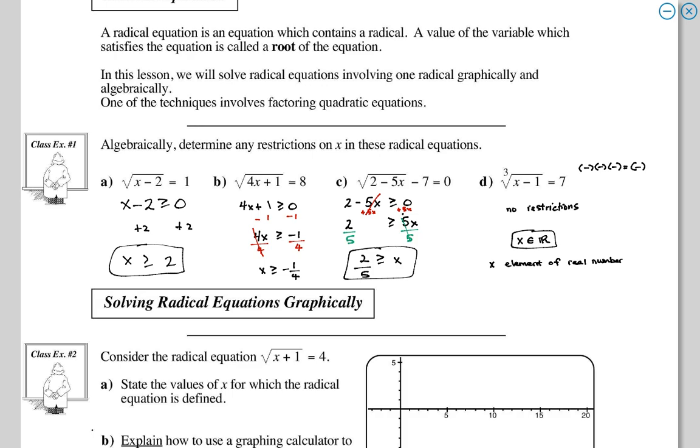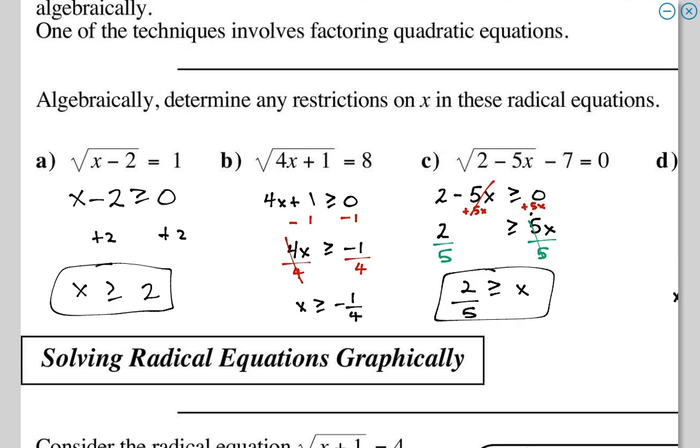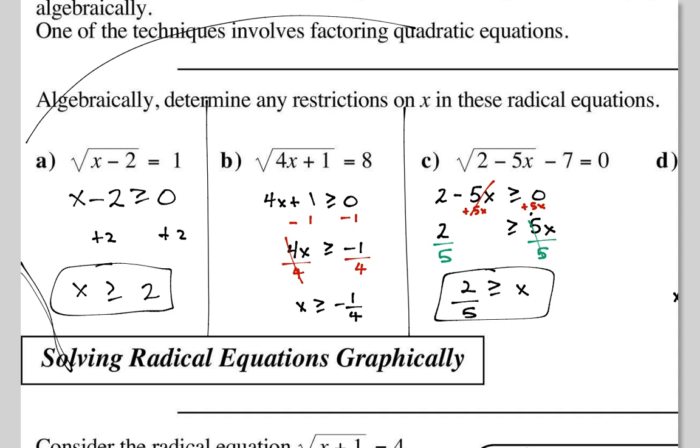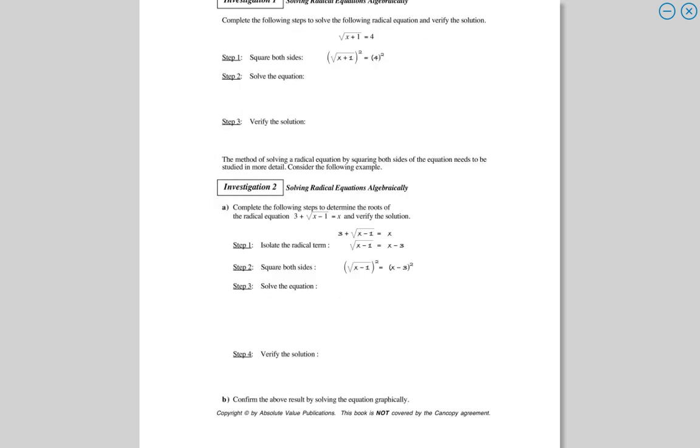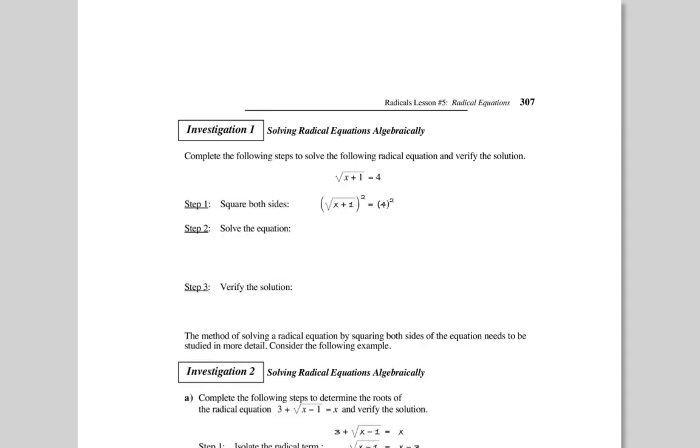Now, as far as studying for tests, it'll be A, B, and C. This is what I'll test you guys on. A, B, and C. And now comes the equation solving. Let's flip a couple pages ahead.